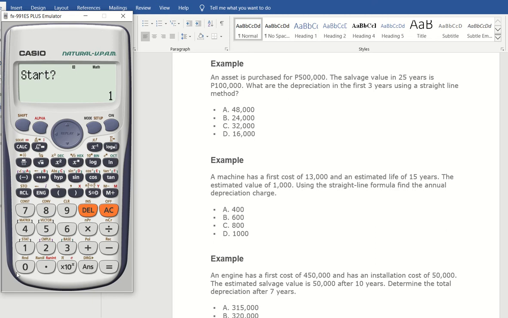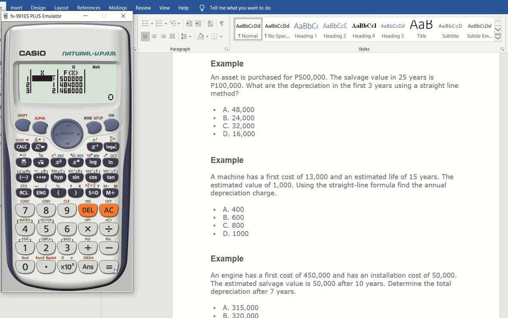Starts at, I would suggest to always start at year zero, and then hit equals. So end at, it's asking for the first 3 years. So just put here 3 years.